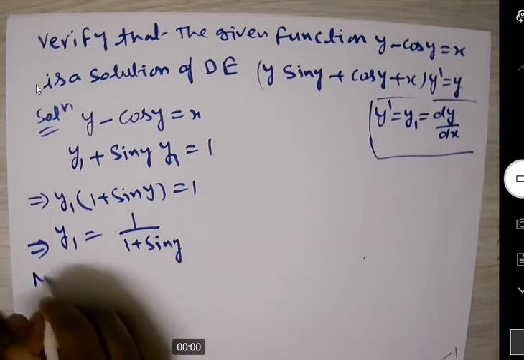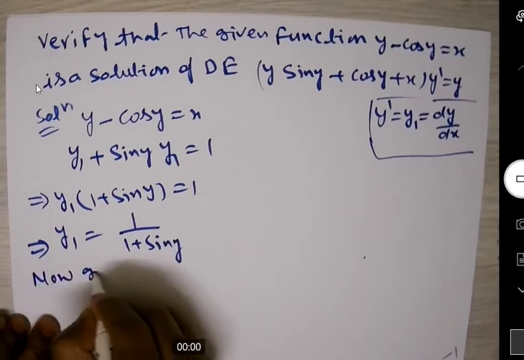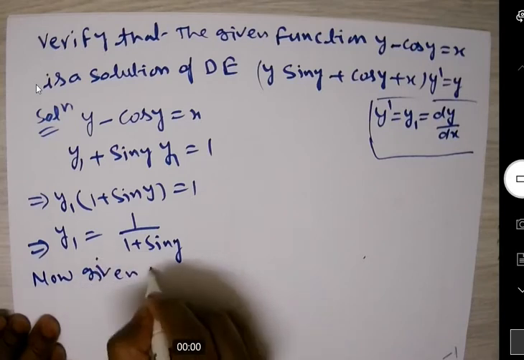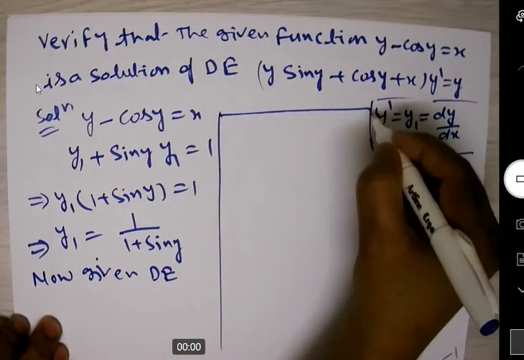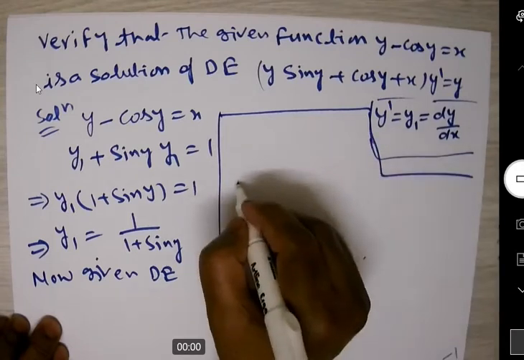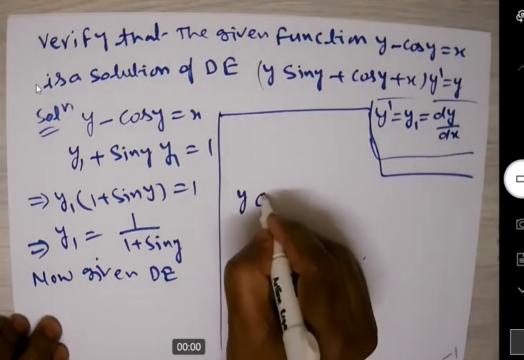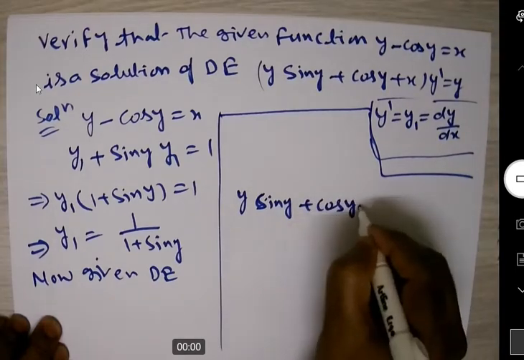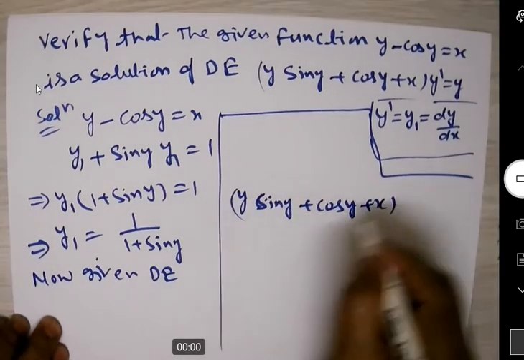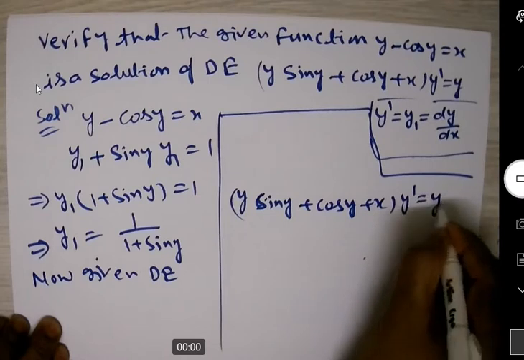Now from the given differential equation, y sine y plus cosine y plus x into y dash is equal to y.